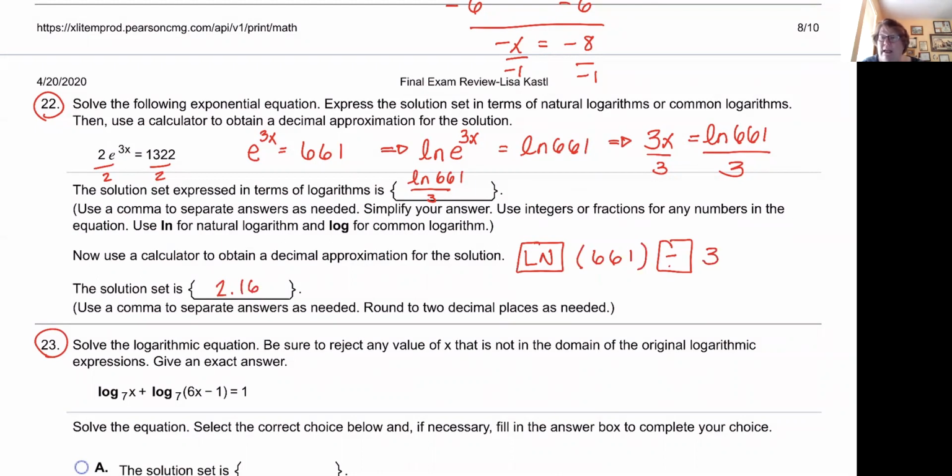If that's 5 or above, you round the number to the left up. If it's 4 or below, you leave the digit in the second decimal place alone. So be sure you round off correctly, and you round off to the correct number of decimal places.